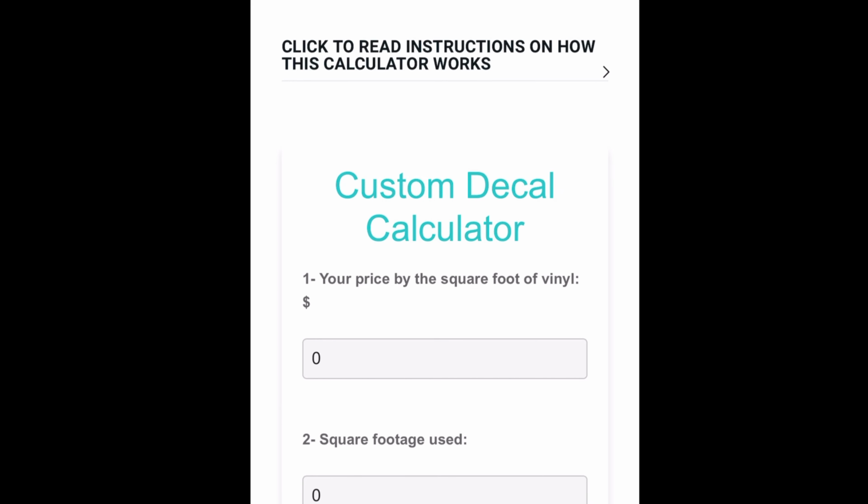Now, this is the newest calculator that we have, and you can get a free trial. Just follow the instructions below on the first comment on this video, and it will tell you how and for how long.